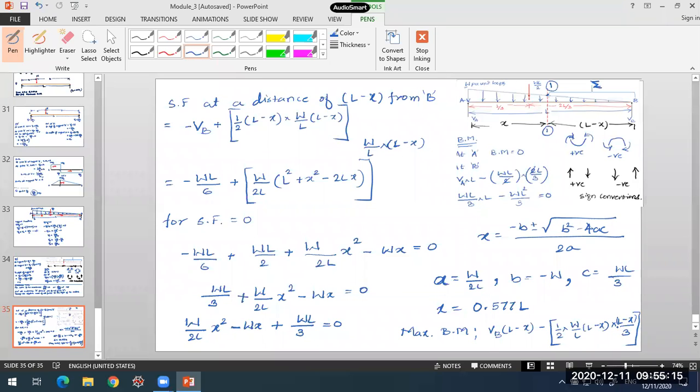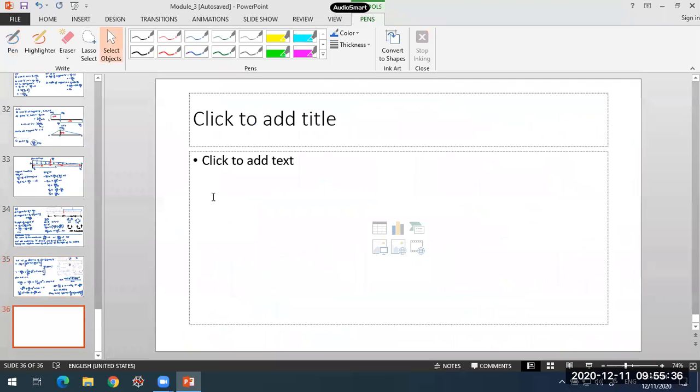Like we did it for the entire beam, now we have to consider only this part of the uniformly varying load. Okay, so if you solve for this on substituting the value of X, you'll get to know what is the maximum bending moment value. Okay, so you try that one, we'll see how many of you will get that value.